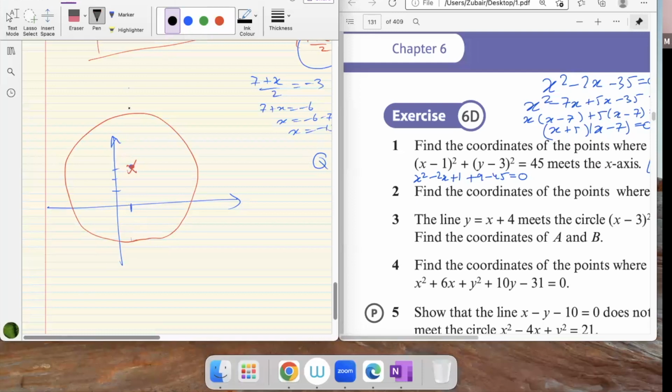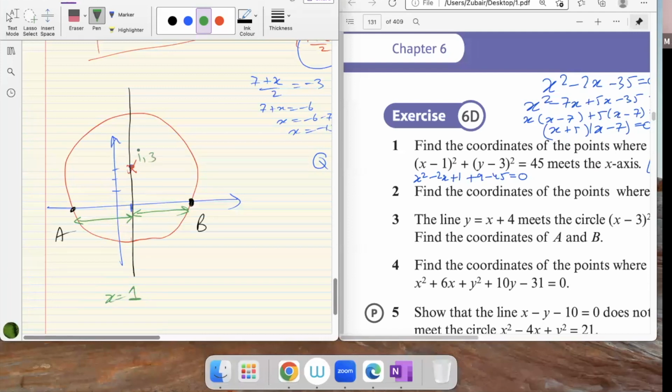And if we try to draw a line of symmetry, these 2 points A and B will be at equal distance from this center line. Do you accept this fact? Because it is a circle. And we know that x is equal to positive 1.